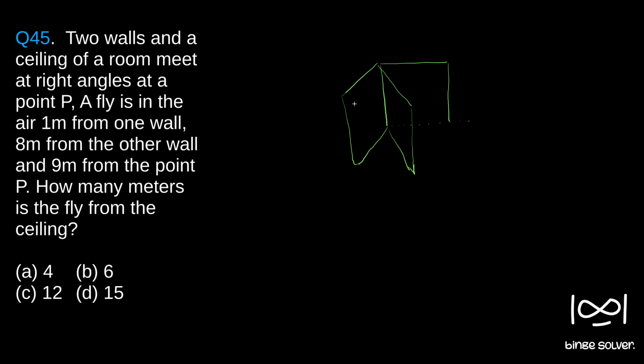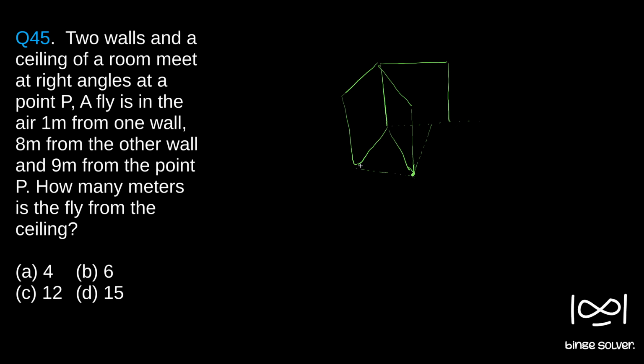Just remember this is the ceiling, and what is given: a fly is in the air 1 meter from one wall. So if you draw parallels, this is the distance. So it is given the fly is 1 meter from one wall.